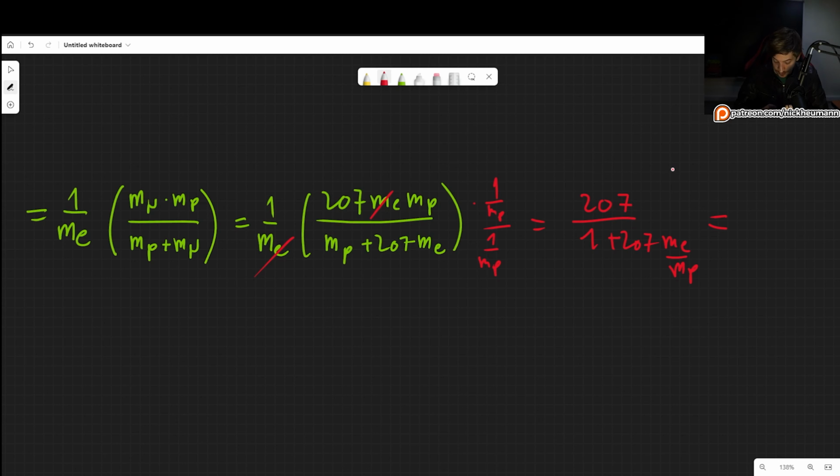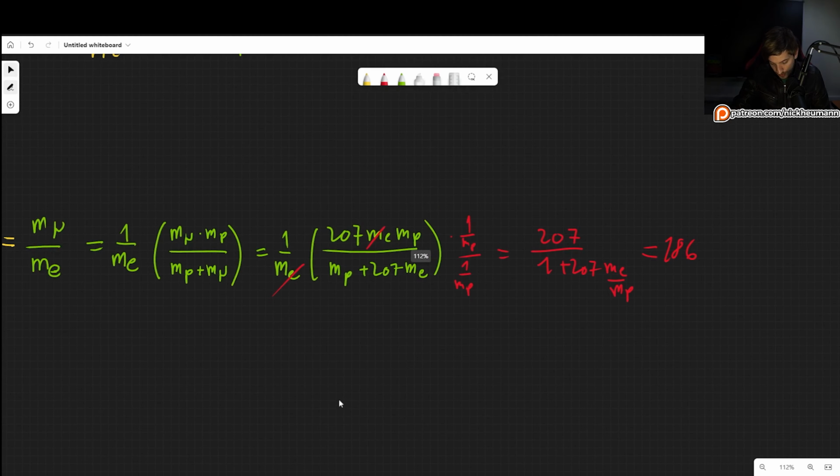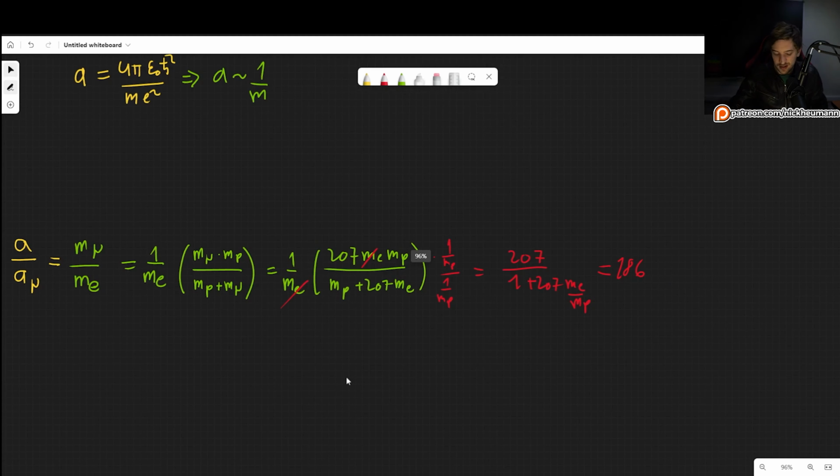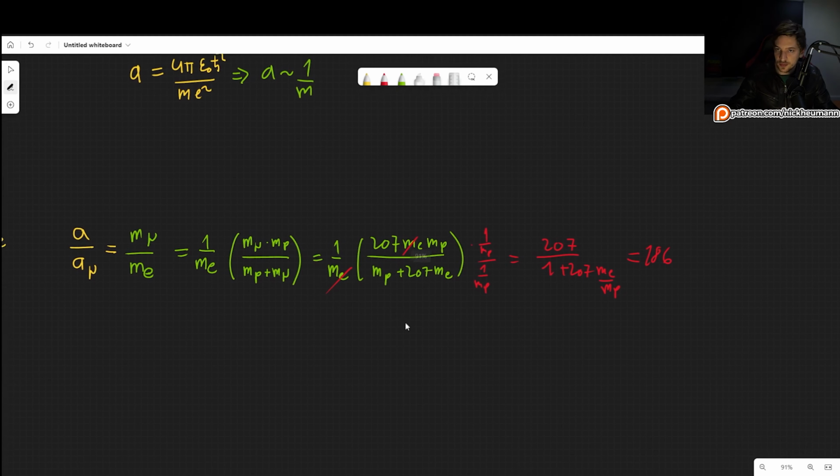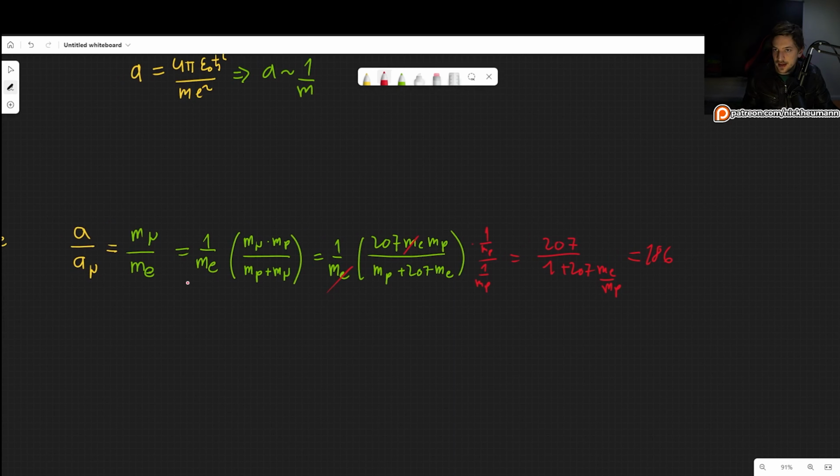We multiply by 207, and we end up with 186.02, but that's good enough. If you want to use more decimals, go ahead. So this means that A is equal to 186 A mu.